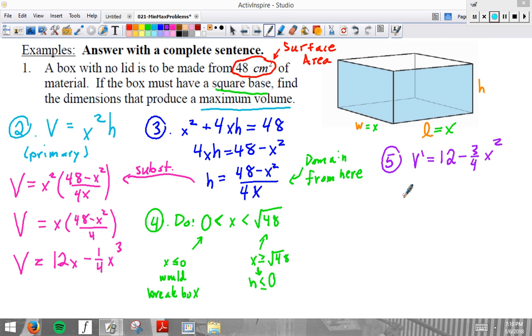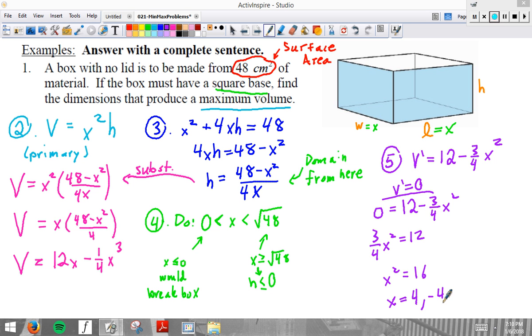We're looking for critical numbers, so I'm setting v prime equal to 0. 0 equals 12 minus 3/4 x squared. 3/4 x squared equals 12. x squared equals 16, x equals 4 or negative 4.